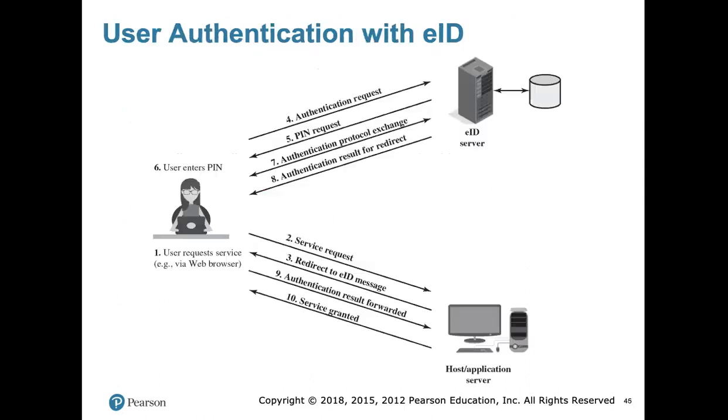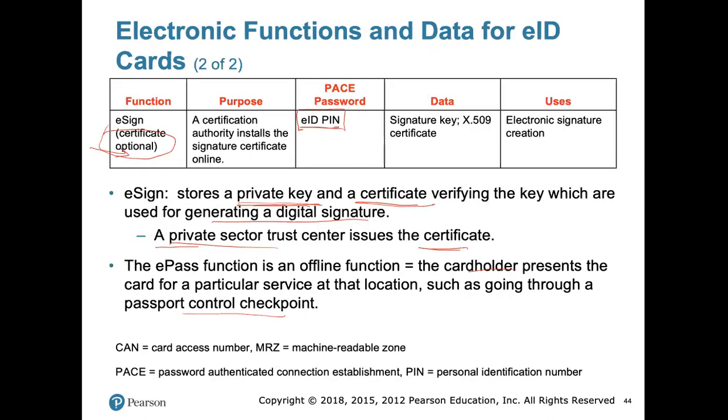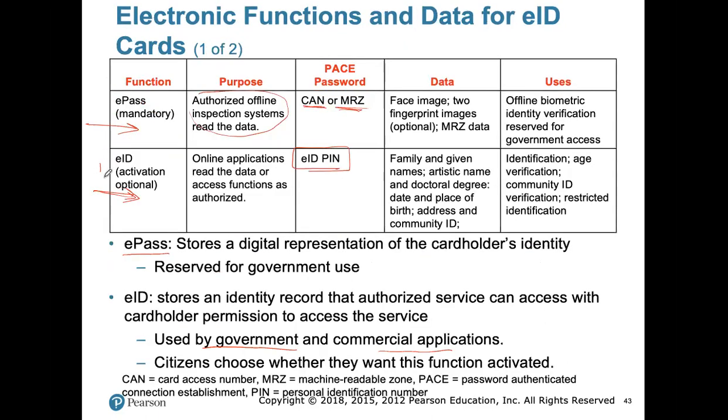So for these two last functionalities, for e-sign number 2 and for EID number 1, on top of having the card in hand, you also need to know the PIN. The card holder knows the PIN, and the PIN will be entered by the user who wants to use the card for e-signature or something, and that way it will be matched with the PIN reserved on the card or burned into the card.